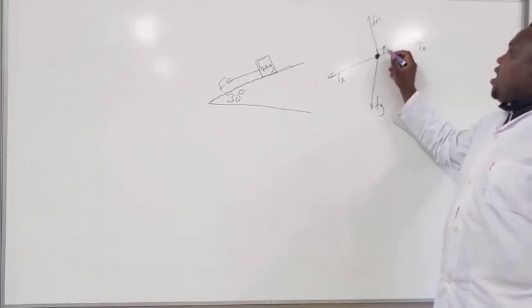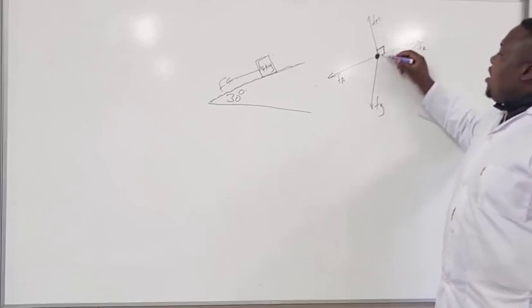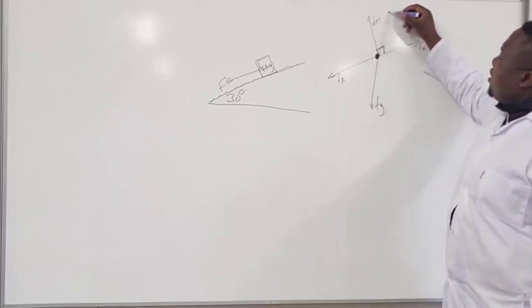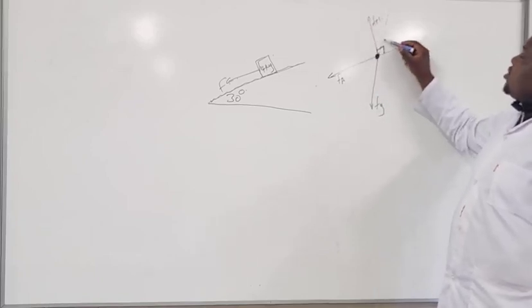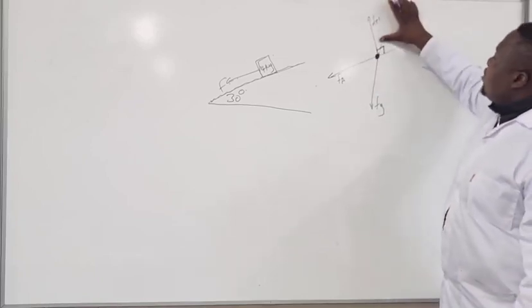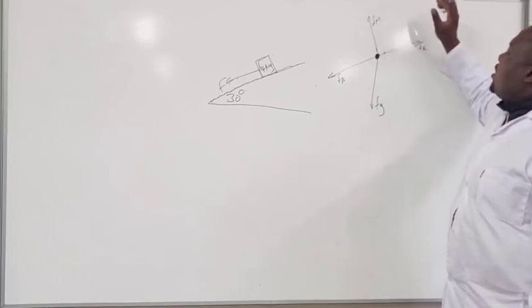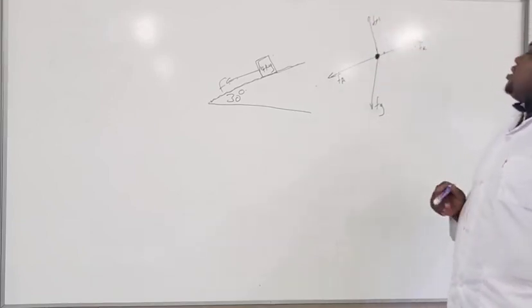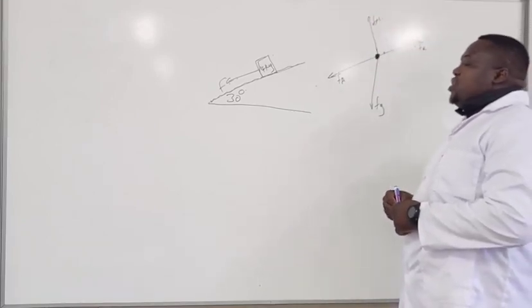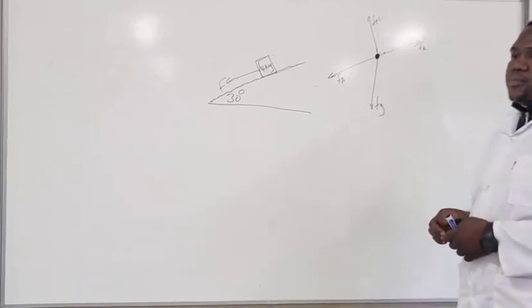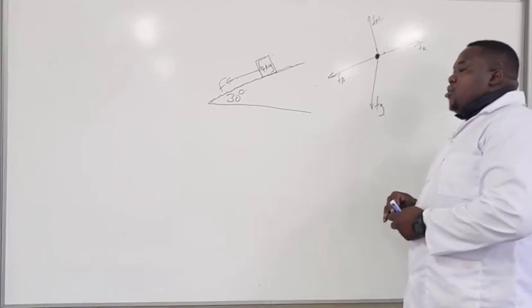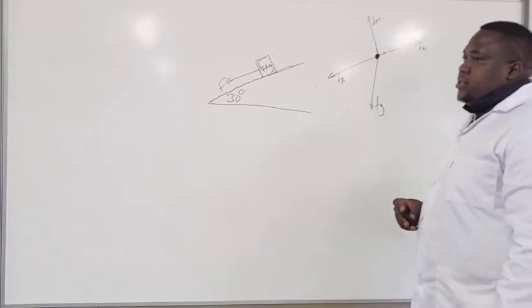So that here I can have a 90 degrees. If I were to draw a straight line like this, I was not going to have a 90 degrees here. Can you see this is not 90? So if I want to have a 90 degrees, I must draw the normal force to point at that other direction. Understand? So this is how we draw a free body diagram for an object on an incline.